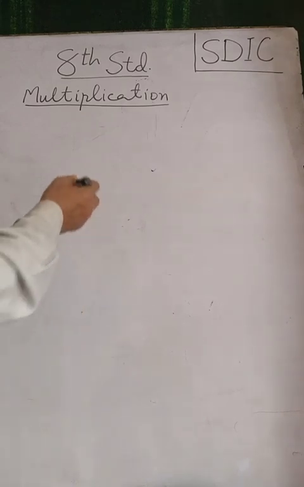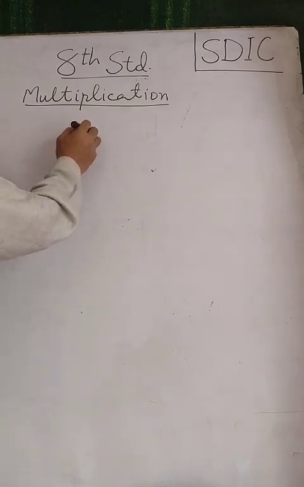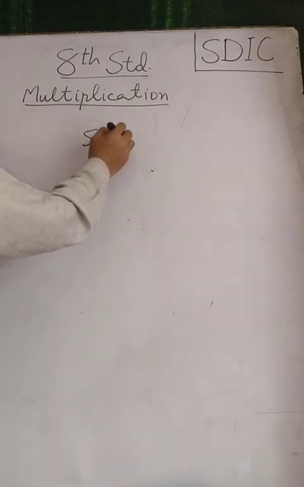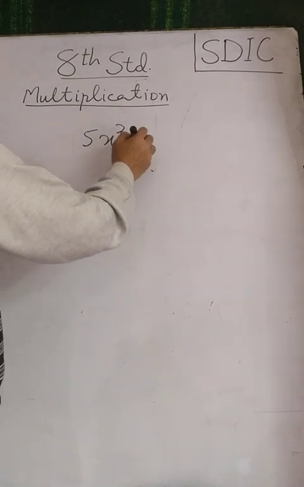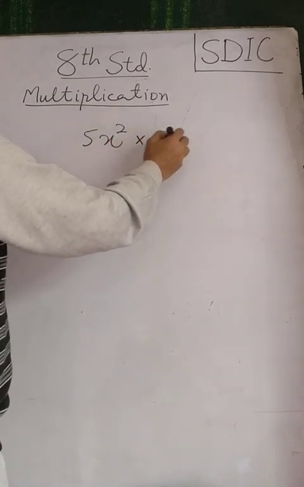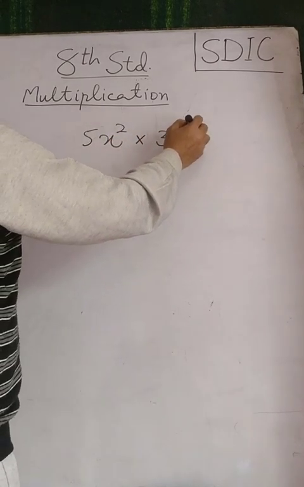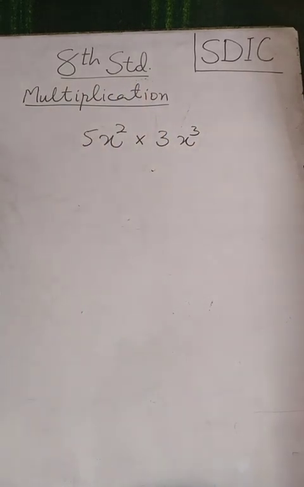For example, I shall consider a monomial, 5x square. We have to multiply it by, suppose, 3x cube. These are the two expressions to be multiplied. Both monomials I have taken presently.